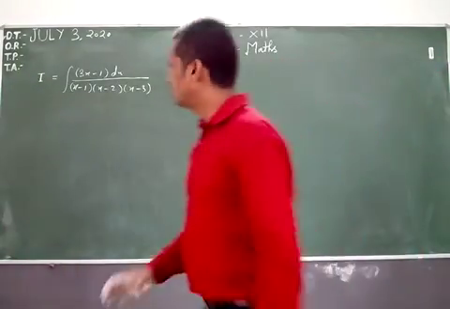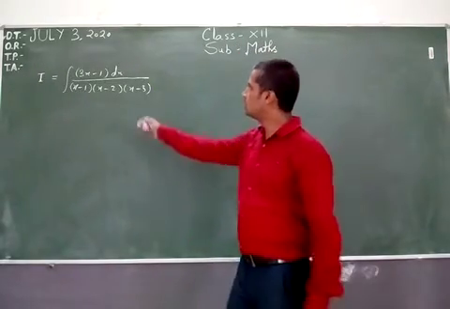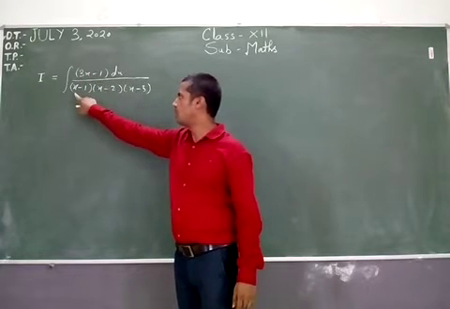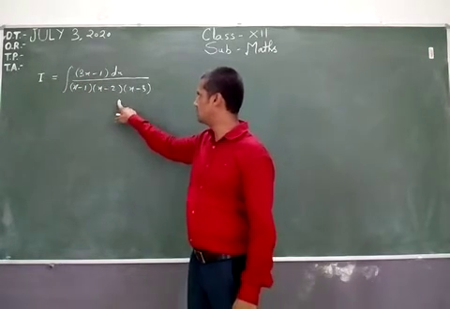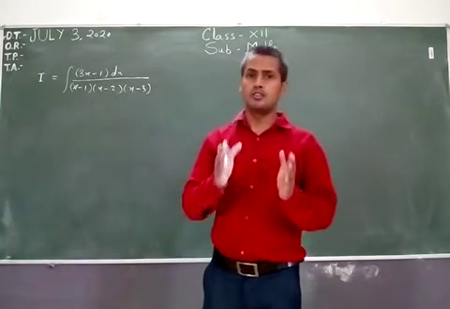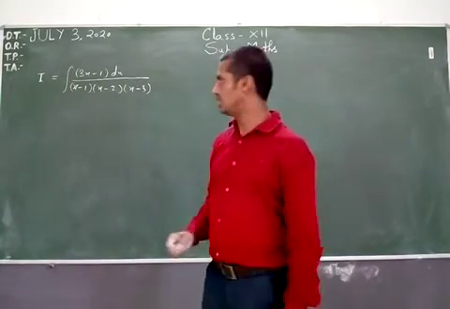Now we will discuss some integration using partial fraction. Suppose that we have a function in the form of (3x - 1) upon (x - 1)(x - 2)(x - 3). We have a rational form. We can apply partial fraction here to integrate.